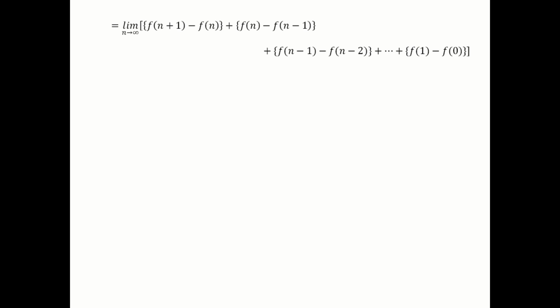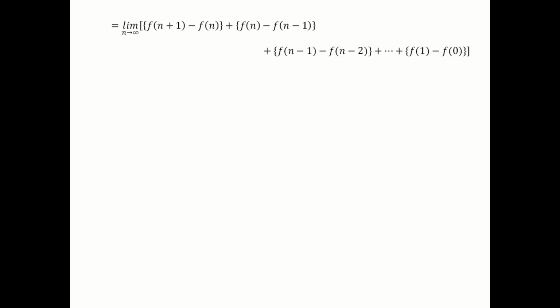So you will get this expansion: f of n plus 1 minus f of n, plus f of n minus f of n minus 1, plus f of n minus 1 minus f of n minus 2, and so on. Because your first term is f of n plus 1 minus f of n, then the next term is f of n minus f of n minus 1.